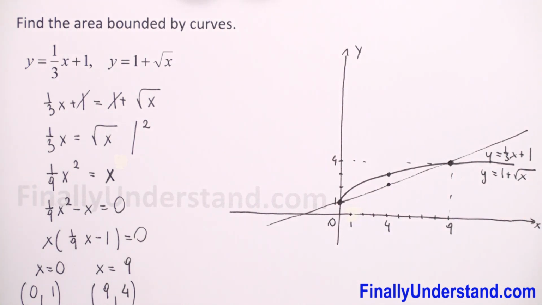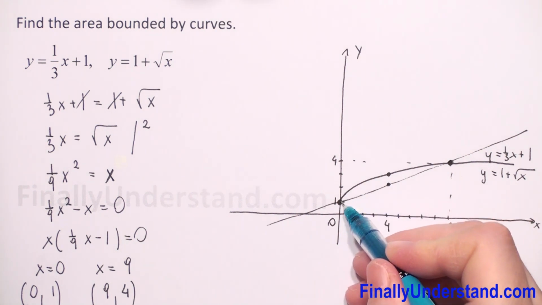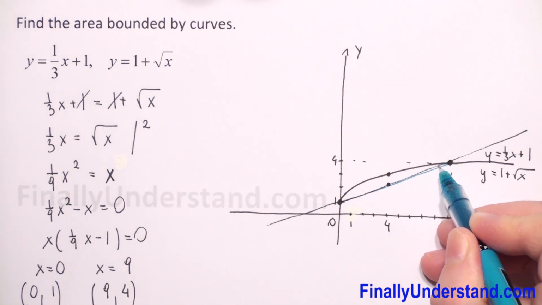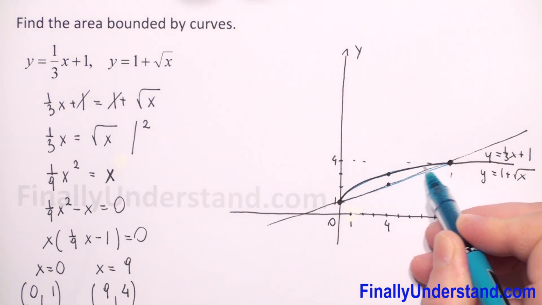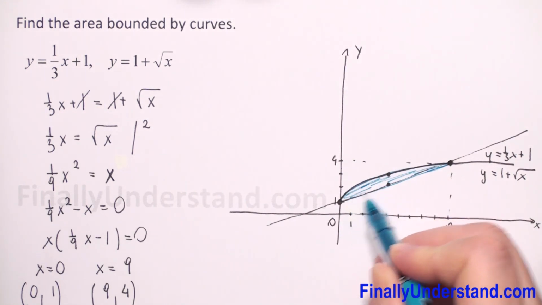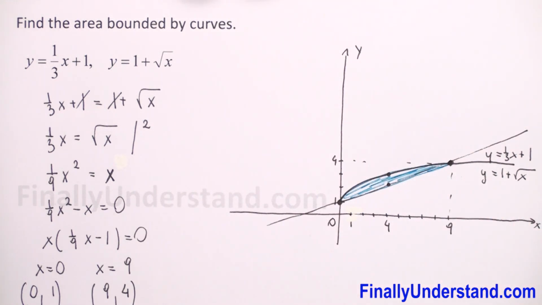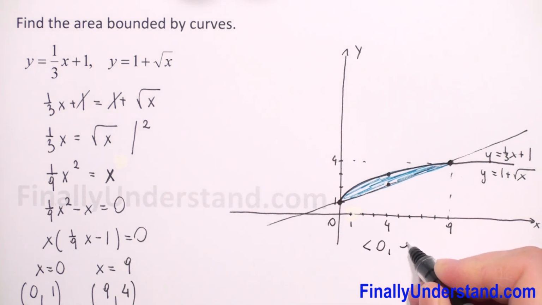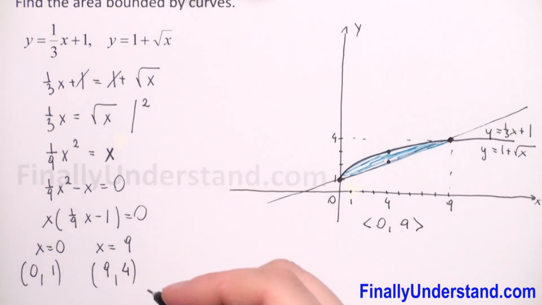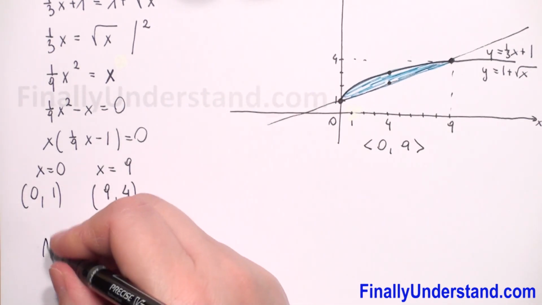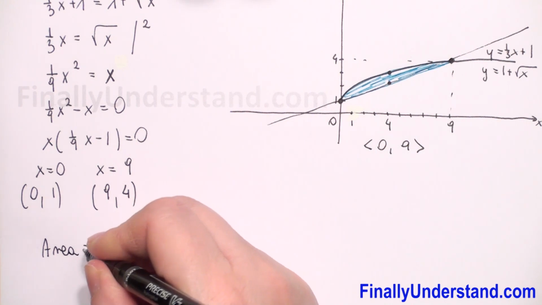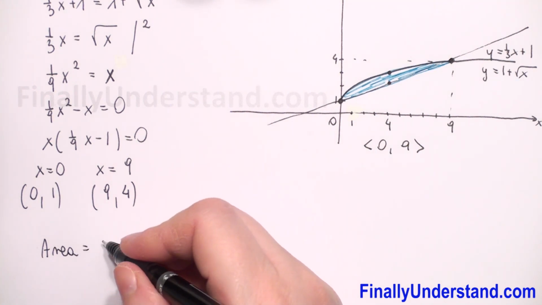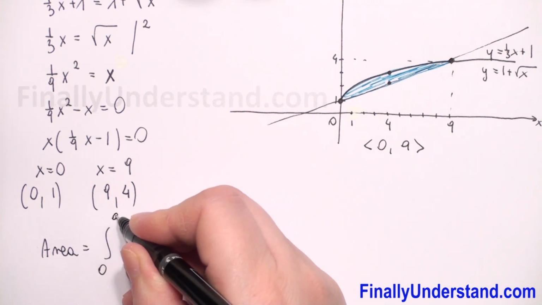Our area between these two curves is this. Let me shade this. We see that our area is over the interval from 0 to 9. So we will calculate the area by using a definite integral from 0 to 9.